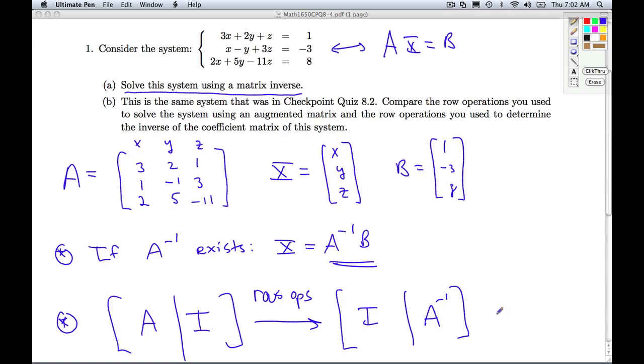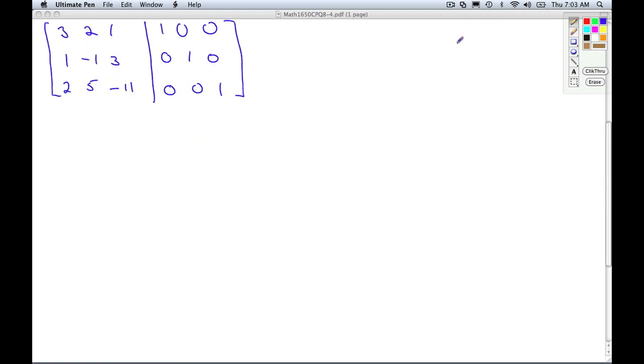Alright, so it's time to go in and do the Gauss-Jordan elimination. Hopefully by now the algorithm here is old hat, but the first thing we need to do is get a 1 in the upper left hand corner. There are lots of different ways to do that, but the easiest is to switch row 1 and row 2.